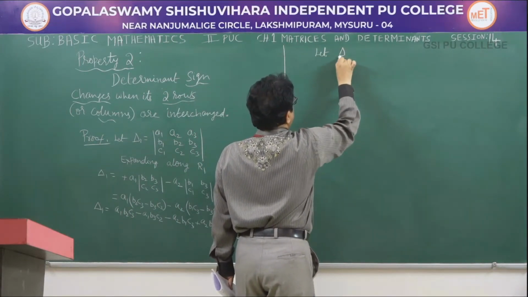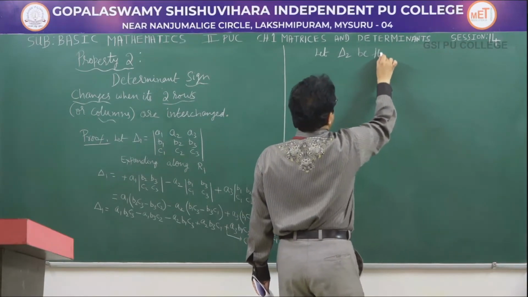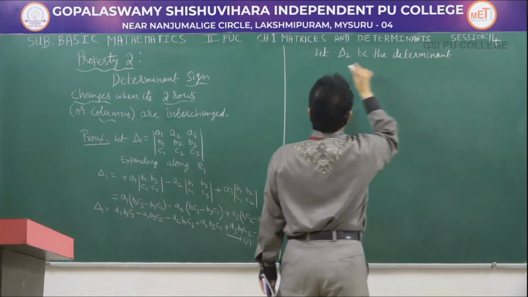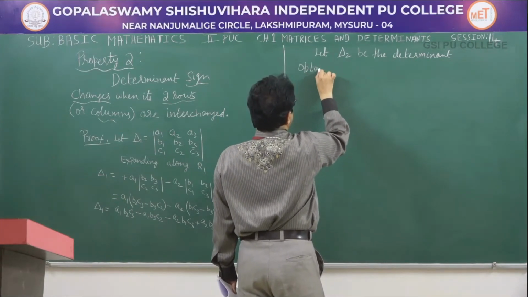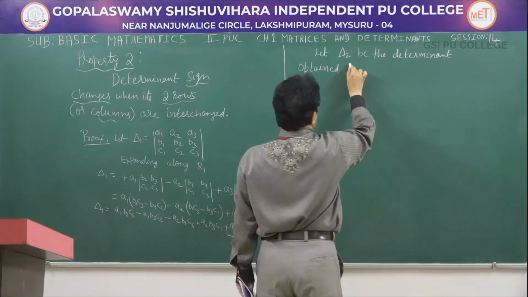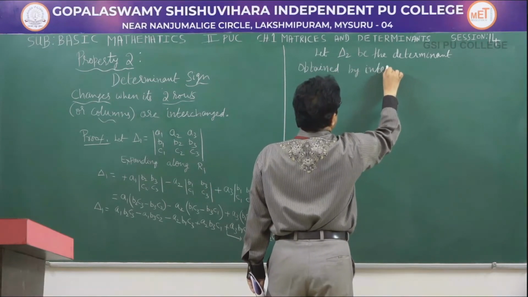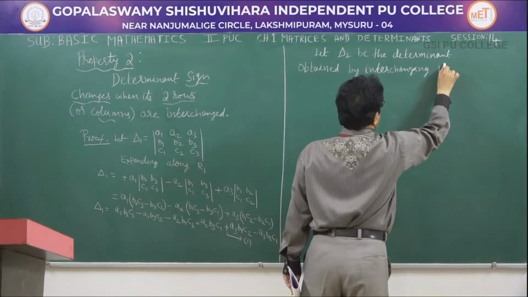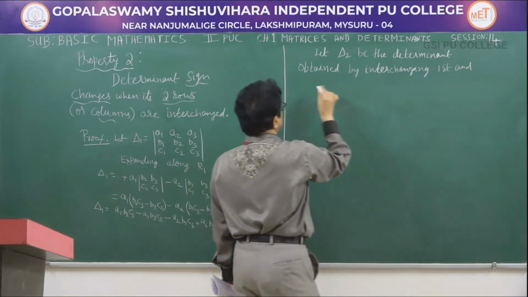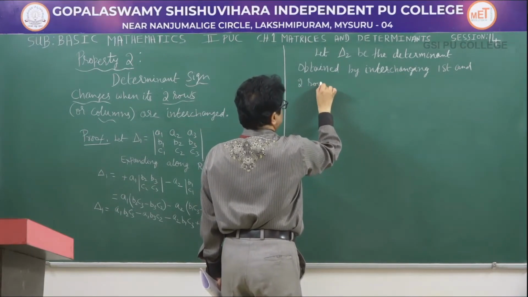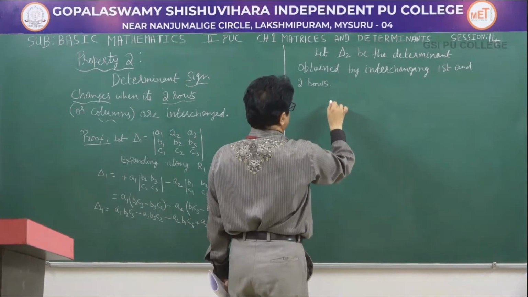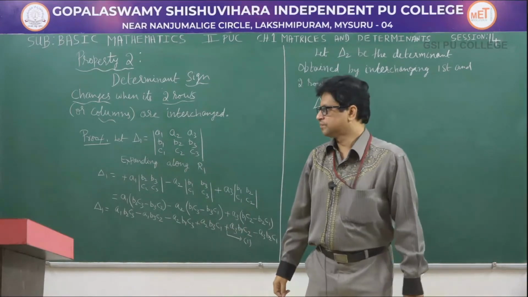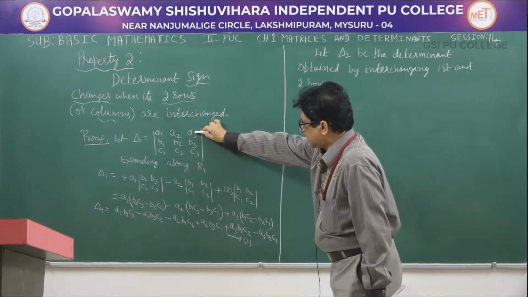Let delta 2 be the determinant obtained by interchanging first and second rows, that is delta 2 is equal to determinant of, so here we are interchanging R1 and R2.